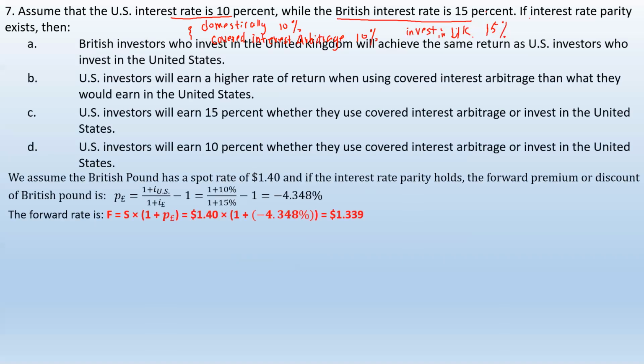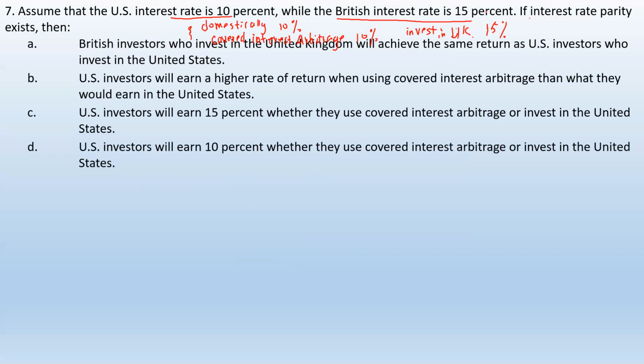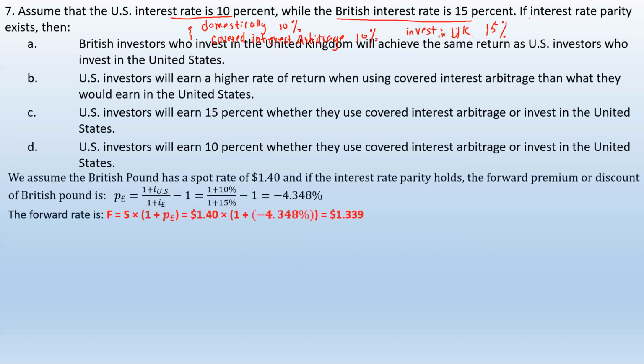So basically the answer is D here. And I use numbers to illustrate why that is. Assume that S is equal to 1.40, the British pound spot rate.